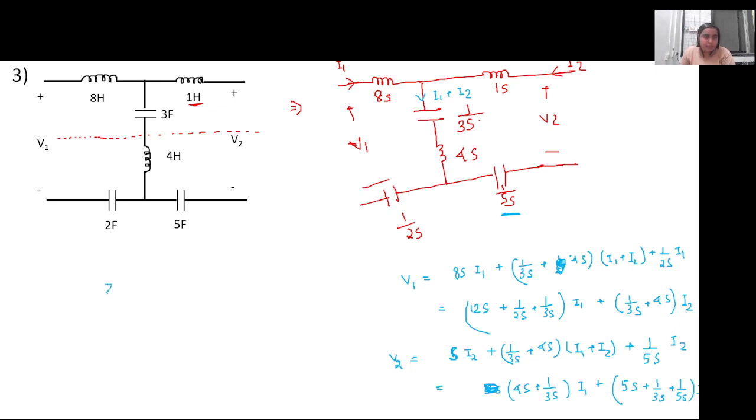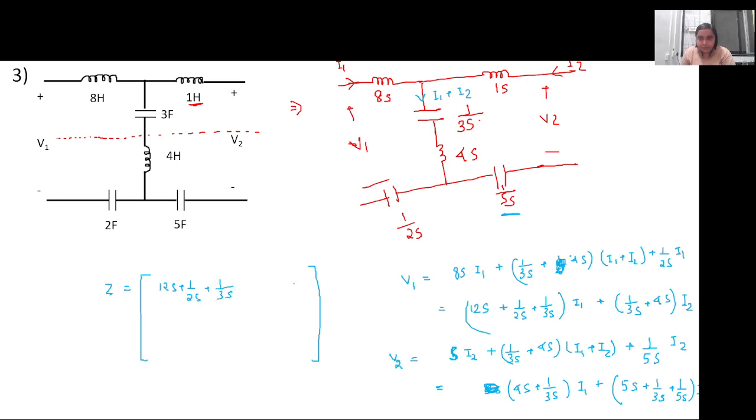So what will be the Z parameter of the circuit? For now we are writing in terms of the S domain itself. So Z11 is 2s plus 1 upon 2s plus 1 upon 3s.